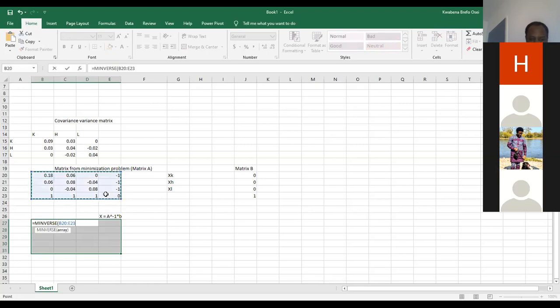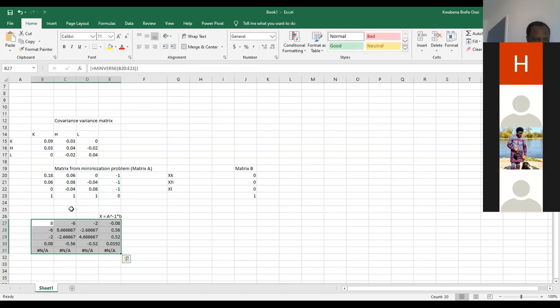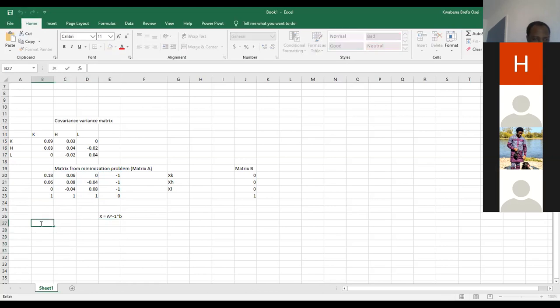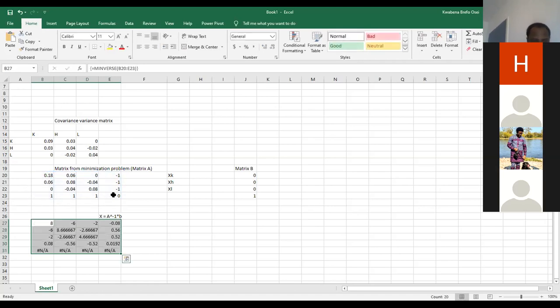Then I'll press Control Shift and Enter. No, I think I selected more than that. Sorry. So I select 1, 2, 3, 4, equals to matrix inverse. Control Shift and Enter.